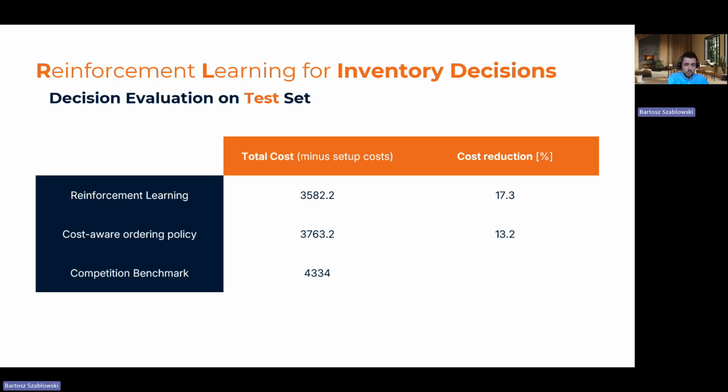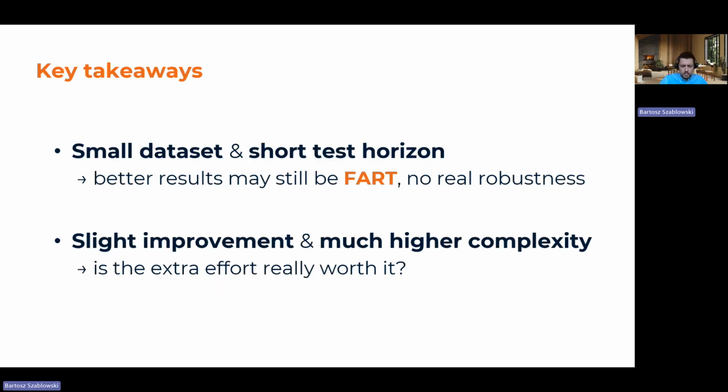Here you can see the results on the test set for reinforcement learning, my winning approach, and for the competition benchmark. In addition, for the first two methods, the cost reduction relative to the benchmark is presented. And maybe the most important slide here.